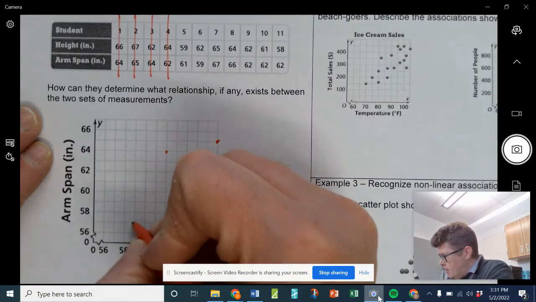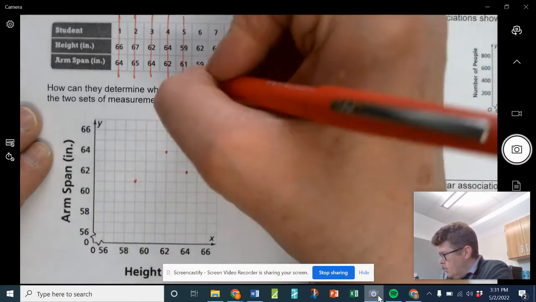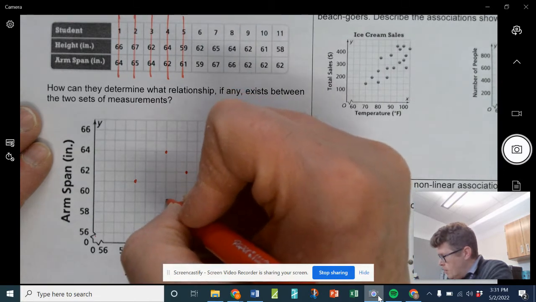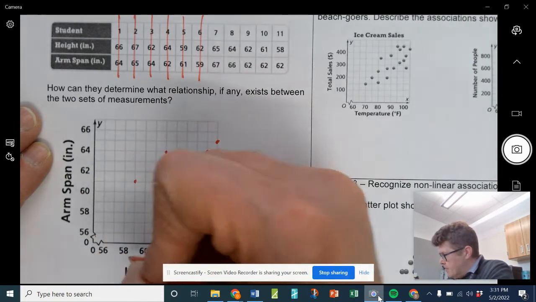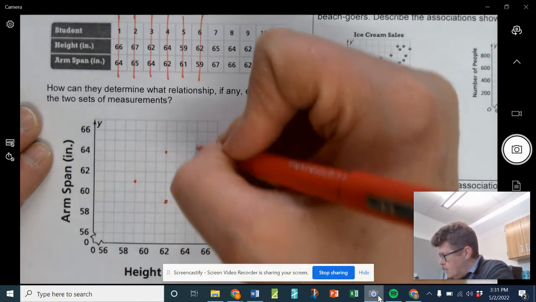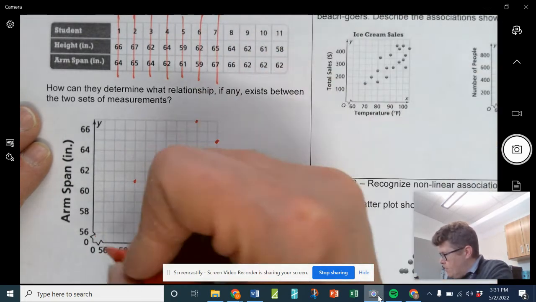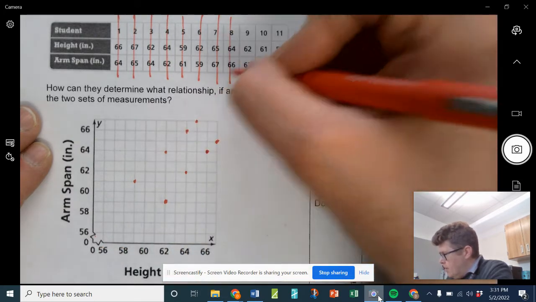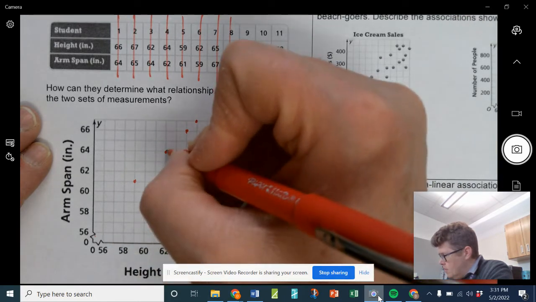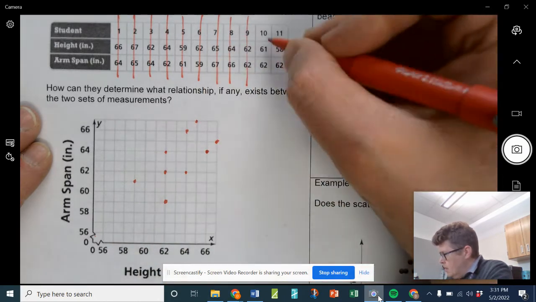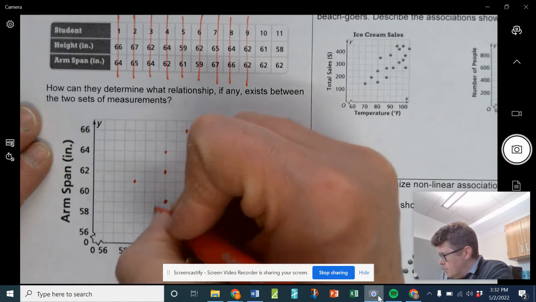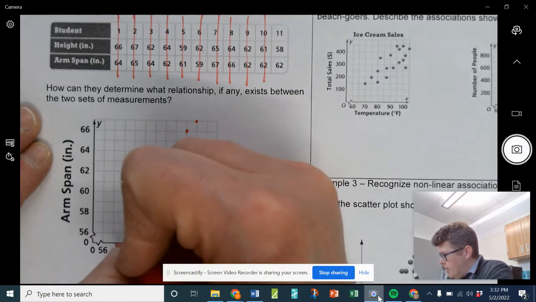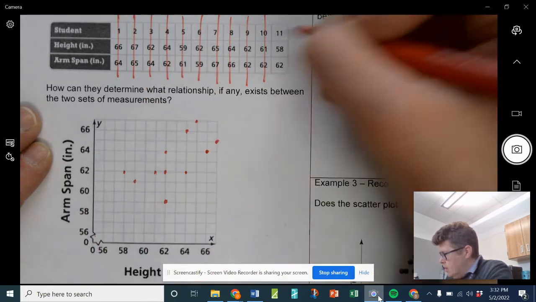So 59 is right here. 62 and 59. Right there. 65 and 67. So 65. 67 is right there. 64, 66, so 64. 66 is right there. 62, 62. 61 and 62. 58 and 62. 58. 62.